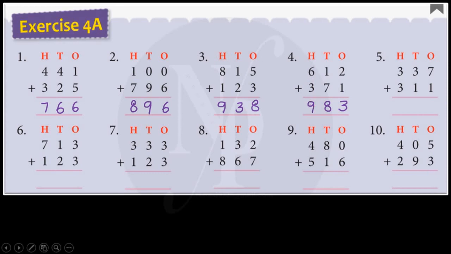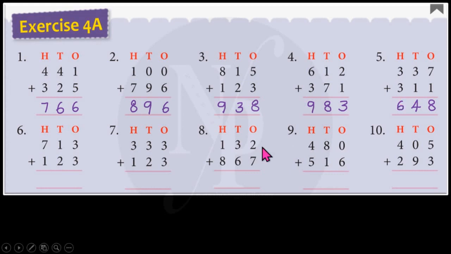Here in question number 5 we have 337 and 311. Let us add now. So 7 plus 1 in ones place. 7 plus 1 is 8, and we write 8 here in ones place. And 3 plus 1 is 4. Let us write 4 here. 3 plus 3 is 6.